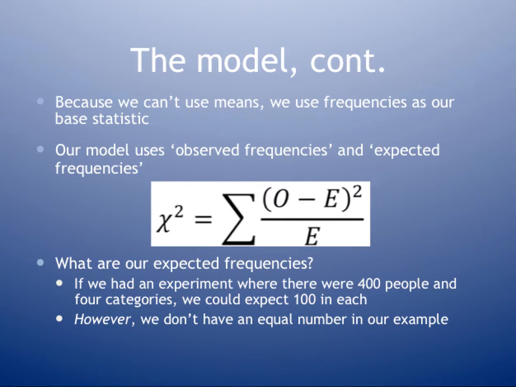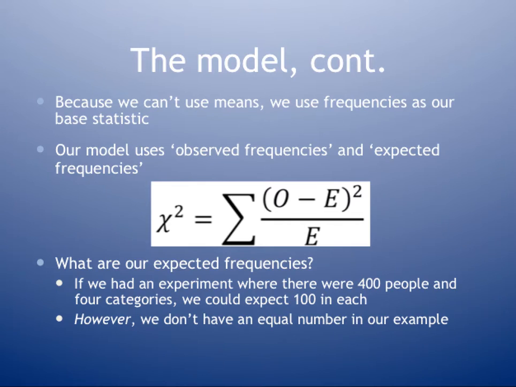Because we can't use means, we have to use frequencies as our base statistic. Remember at the beginning of this lecture, we said you can't use means when you have categorical variables. So instead, we will be using frequencies, simply how often they are there. So our model is going to have observed frequencies and expected frequencies.